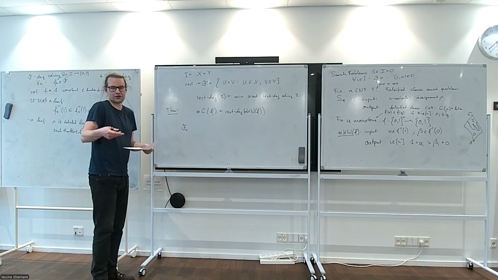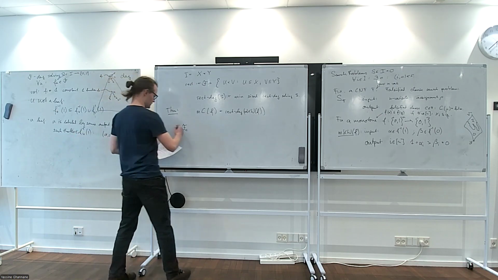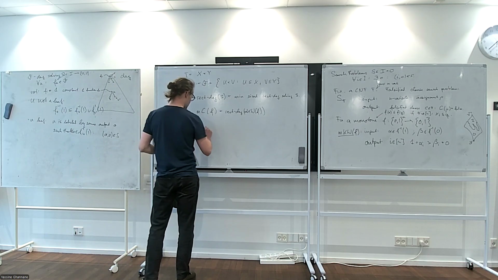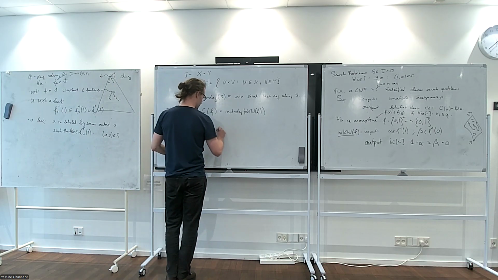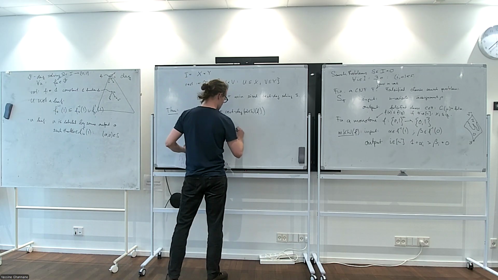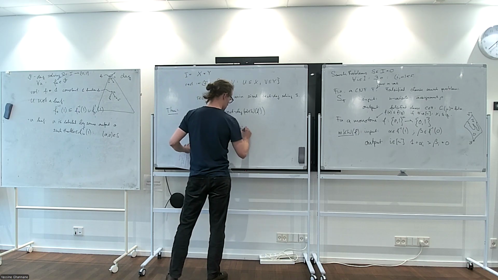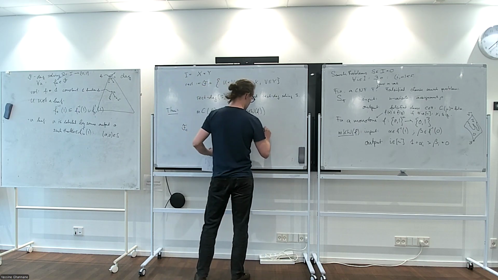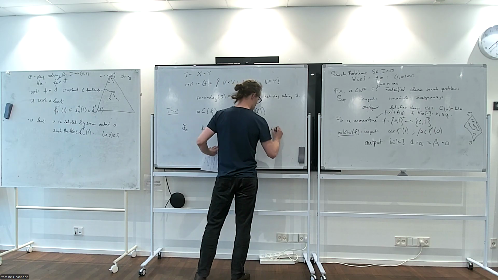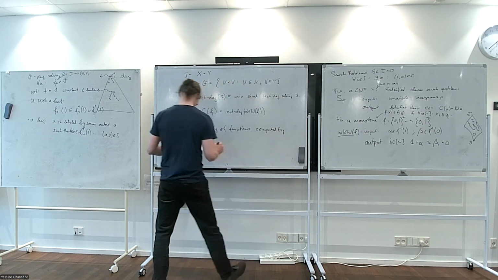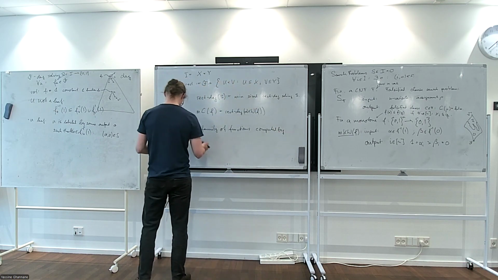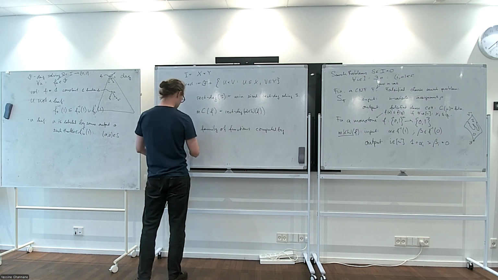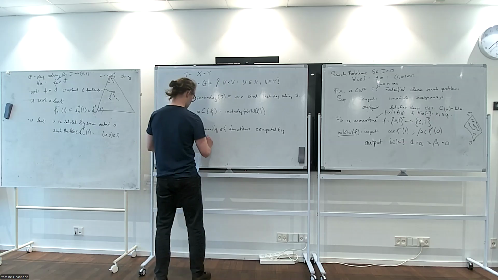This is a very powerful class. So F_c is now the family of functions computed by a tree-like communication protocol.